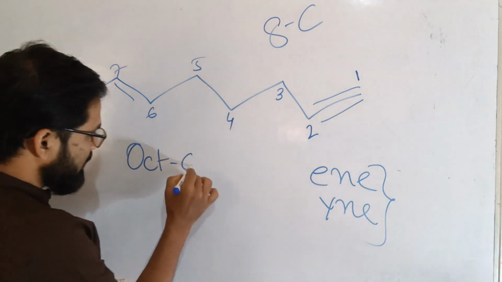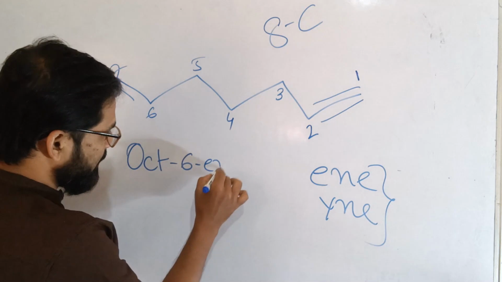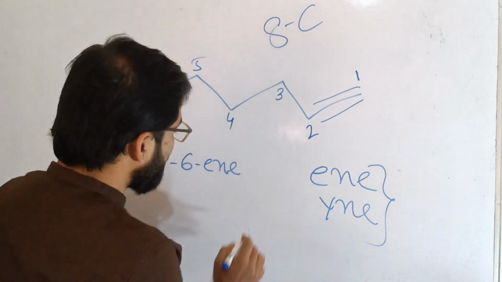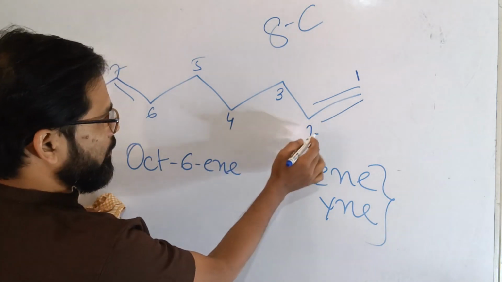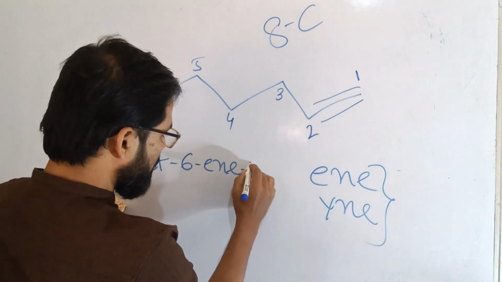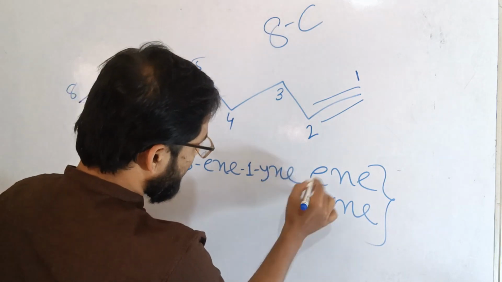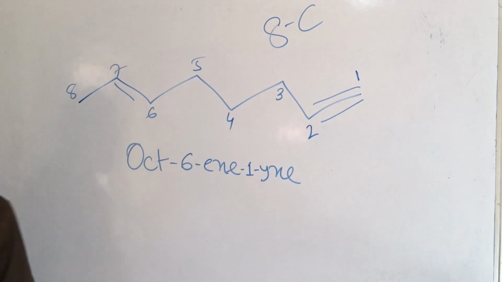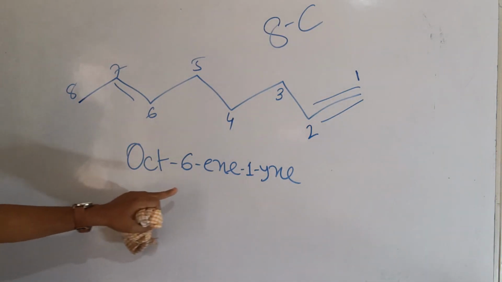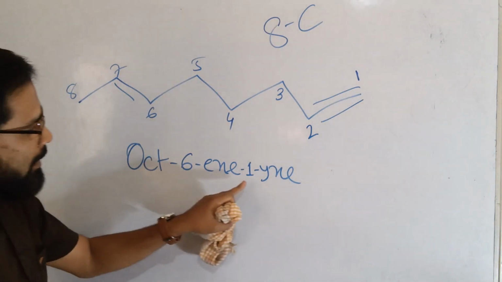Oct-6-en, then which position? First, 1-yne. So that will be the name. Clear? Oct-6-en-1-yne.